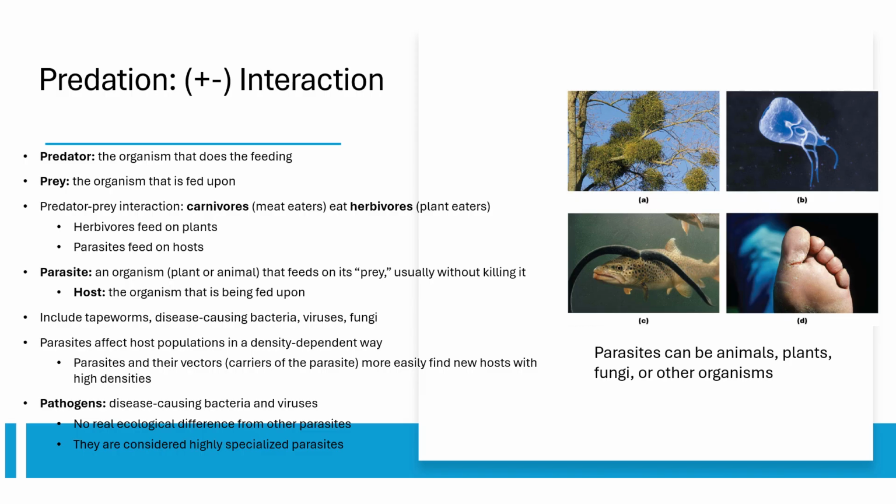And then pathogens, again, those are disease-causing bacteria, which are living things, and viruses. Viruses are not living things. Ecologically, again, they are not different from parasites, and they're actually considered highly specialized parasites. That means they are typically limited to a very short number of hosts.